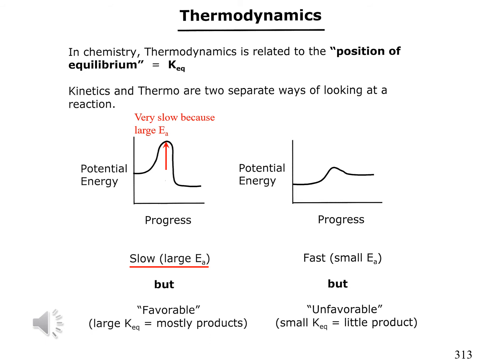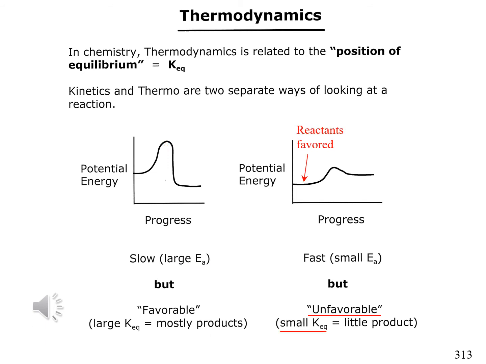The thing about that is the molecules want to get over the bump to get down to the lower energy, but it's kind of like they look at this big hill in front of them and it slows them down from getting there. So favorable does not mean fast. The reverse is also true.